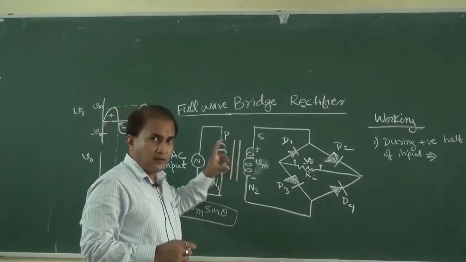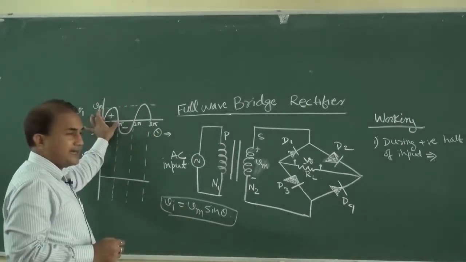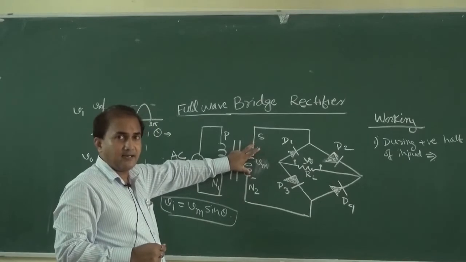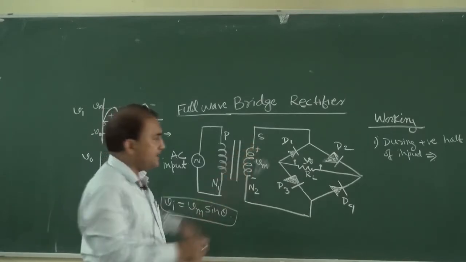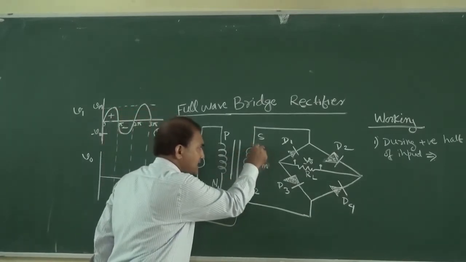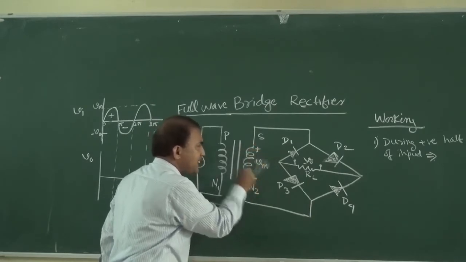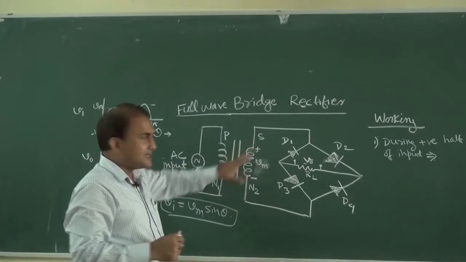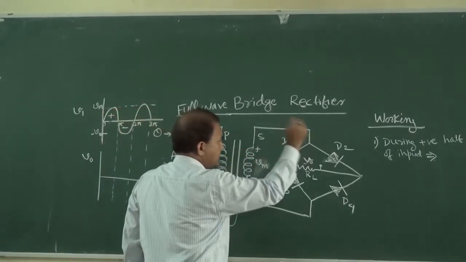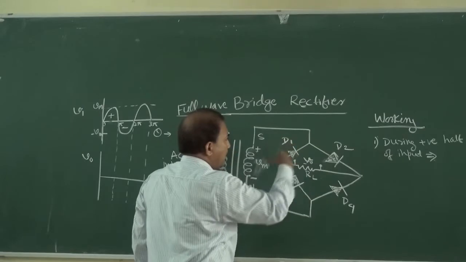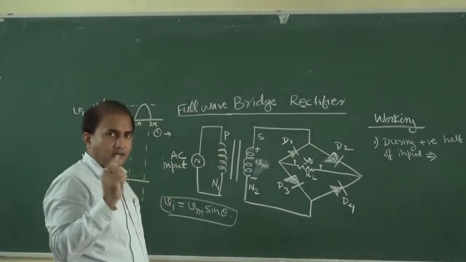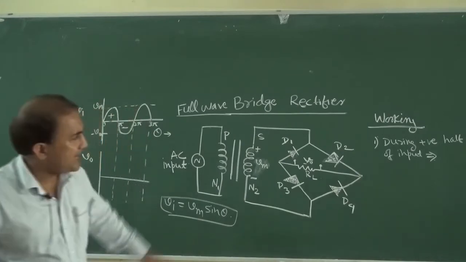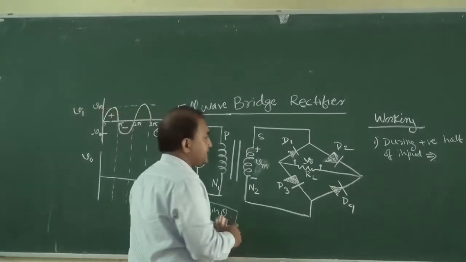Now during the positive half of the input, the polarity across the secondary of the transformer is plus at this place and minus at this place. Now this is positive, so what will be the direction of current? Current flows from higher potential to lower potential, so we have to see the direction of current.